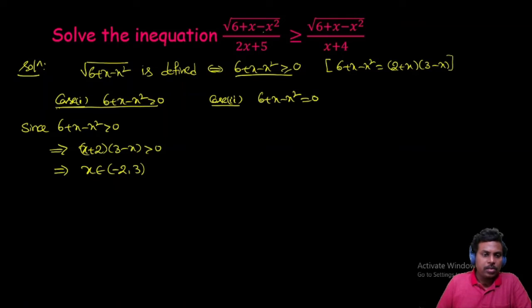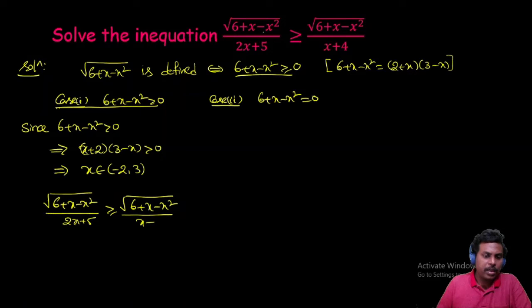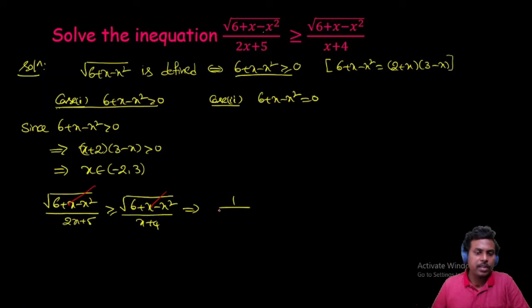Okay. So, let us get back to the inequality. Now, under root 6 plus x minus x square divided by 2x plus 5 greater than or equal to under root 6 plus x minus x square divided by x plus 4 implies, as this is not equal to 0, these two get cancelled actually, because 6 plus x minus x square is positive.